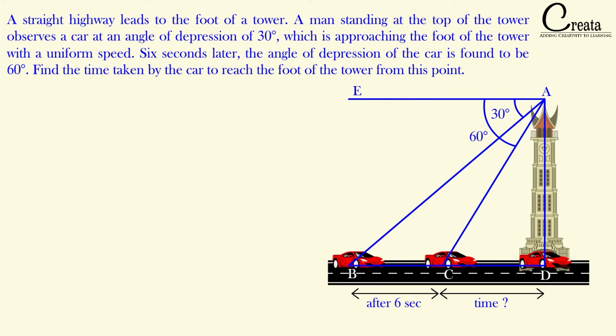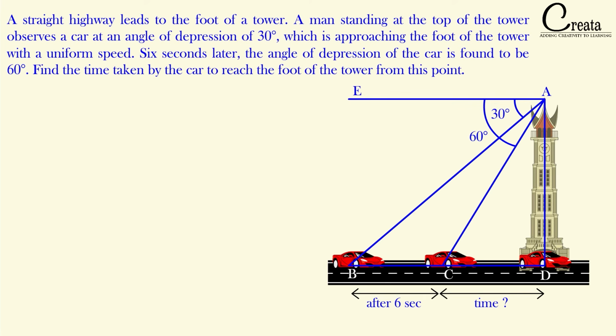Firstly, let's apply the trigonometric fundamental. Here the angle of depression is given, the angle when we are looking downward, and this angle is with respect to the horizontal line. Don't confuse it with the vertical line, a common mistake made by students. So here 30 degree and 60 degree are the angles of depression. And here we have to transfer these angles to the bottom part of the figure.